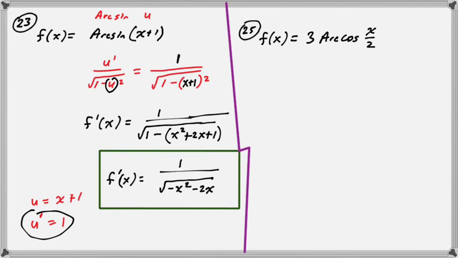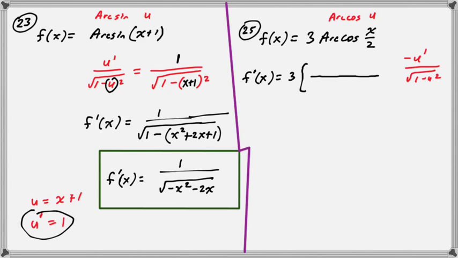Okay, the derivative of arc cosine is almost the same as the derivative of arc sine, except it has a negative. So it's almost the same formula. So when I take the derivative here, I'm going to keep the 3 out as a constant factor. And I'm going to do u prime. What does it appear that u is? Is u 1/2 x?